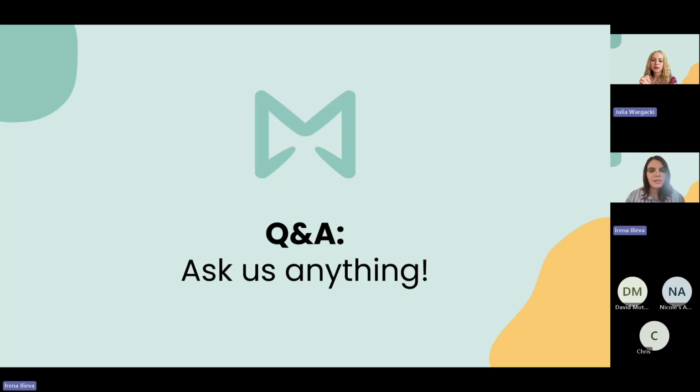Please feel free to provide an explanation in the chat, or as Julia said, reach out to us at support@mailbutler.io. If you explain it a bit further, then we can definitely help you find a solution. Maybe it's easier if you reach out via email.